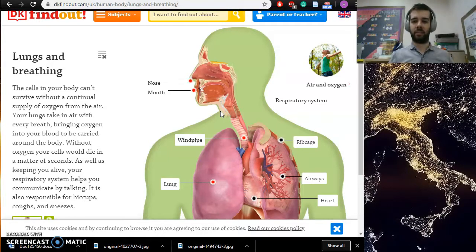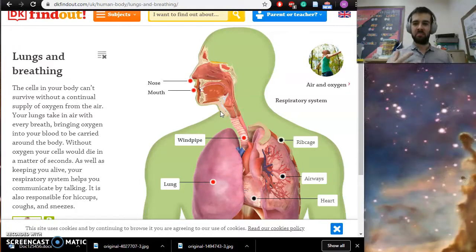It's very important that as we're breathing, that we take breaths in through our nose. You can breathe in through your mouth, but the cool thing about the nose is, especially for me, you've probably noticed, we have hairs in our nose. I have lots of hairs in my nose, which is kind of gross, but they're really useful for catching and collecting dirt that's in the air and actually stopping it getting into our lungs.